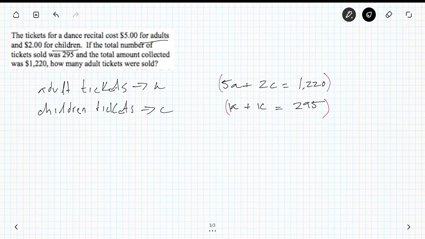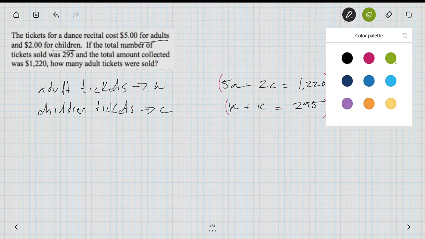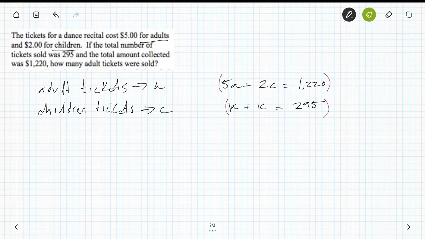That's why we decided not to write the 1, but in this case it's going to be necessary, because the trick in solving linear systems of equations is to multiply by factors that are going to eliminate one of the variables. So one easy way to find those factors is to just multiply this one by -1 and this one by 5.